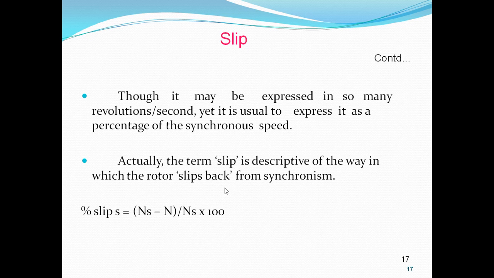So percentage of slip S is equal to Ns minus N by Ns into 100. This is the percentage slip and it is denoted with the letter S. Always remember, S is equal to Ns minus N by Ns, where Ns is the synchronous speed, N is the actual speed of the rotor.